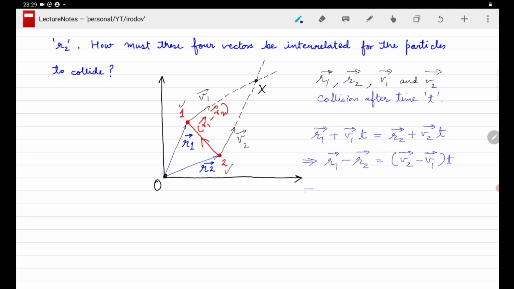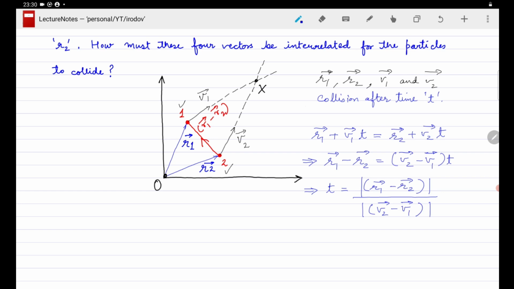We can write the variable t as the magnitude of r1 minus r2 divided by the magnitude of vector v2 minus v1. So we get a value of t.